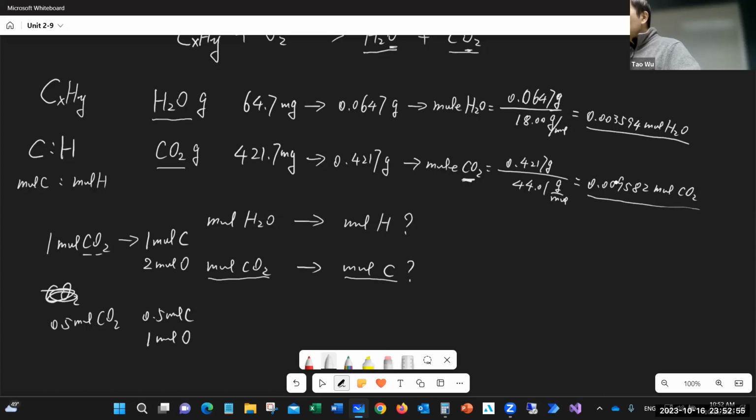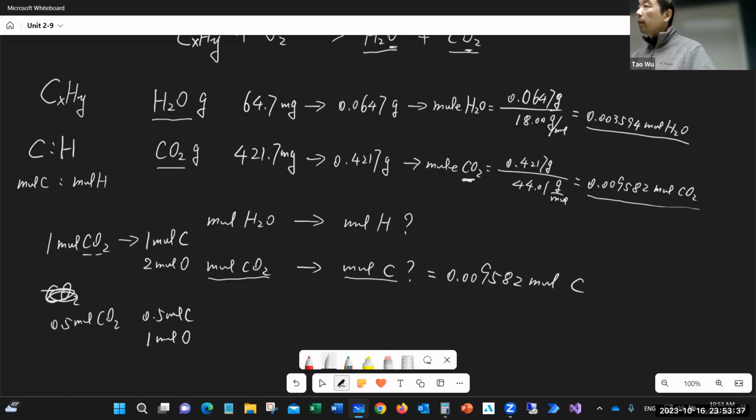So if you have a certain number of moles of CO2, you're going to have the same moles of carbon. And this is also another way of looking at the stoichiometry, right? It's a 1-to-1 ratio. 1 CO2 has 1 carbon. So if you have the moles of CO2, you're going to have the same moles of carbon. That makes sense?